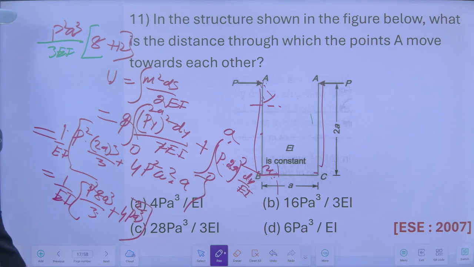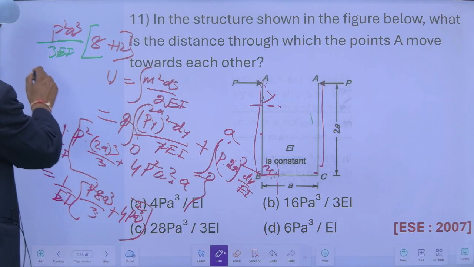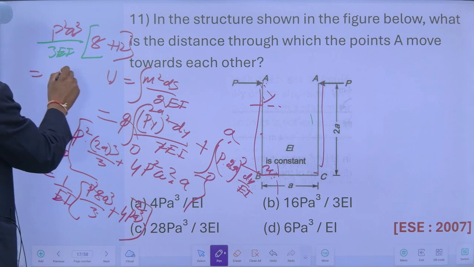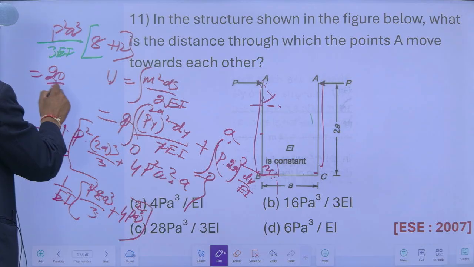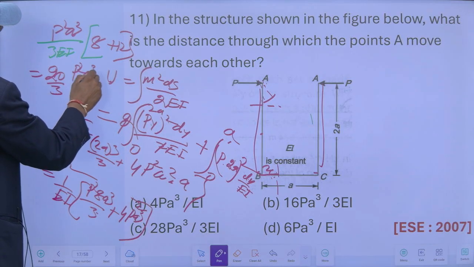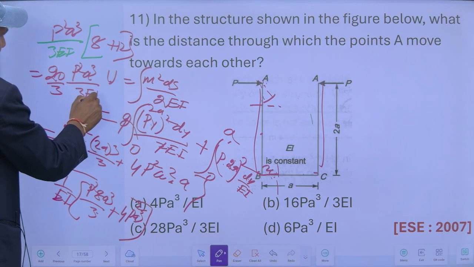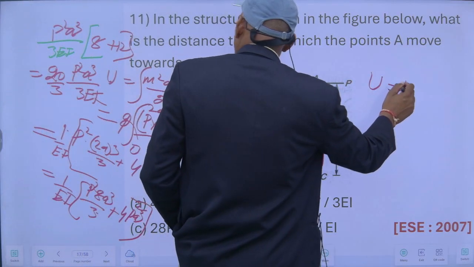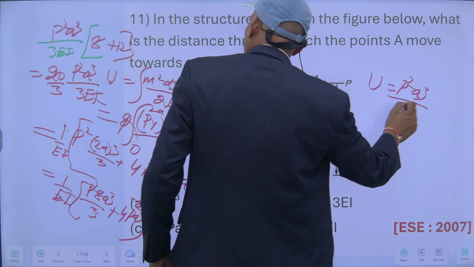So this will be 20 upon 3, P square a cube upon 3 EI. So this will be the total strain energy stored. U is equal to P square a cube upon 3 EI into 20.